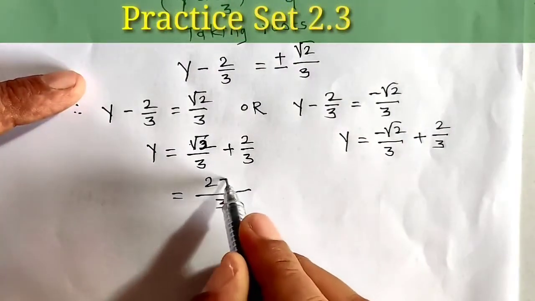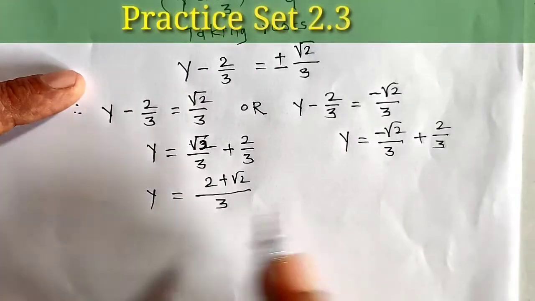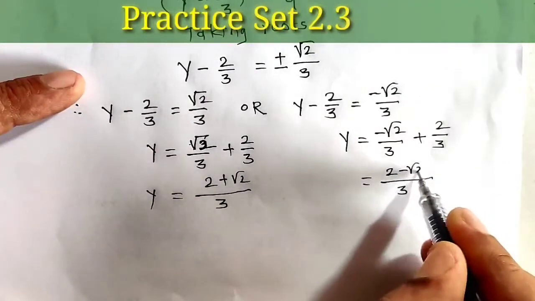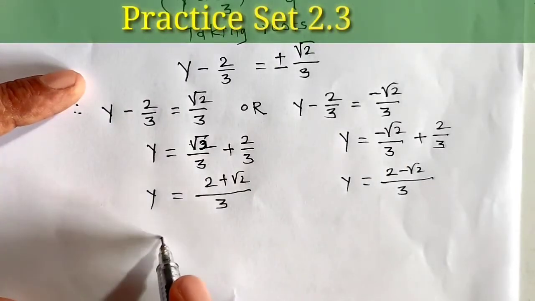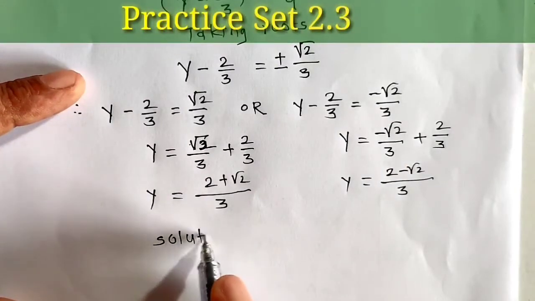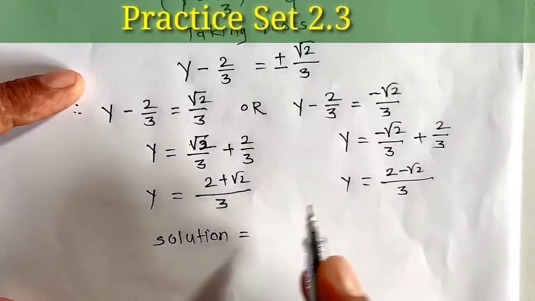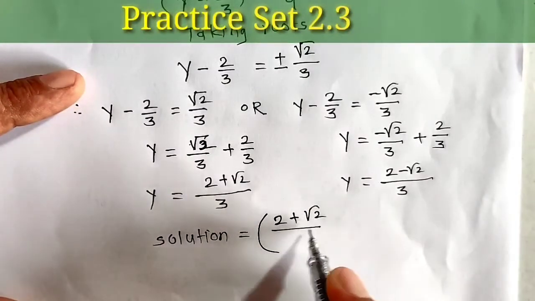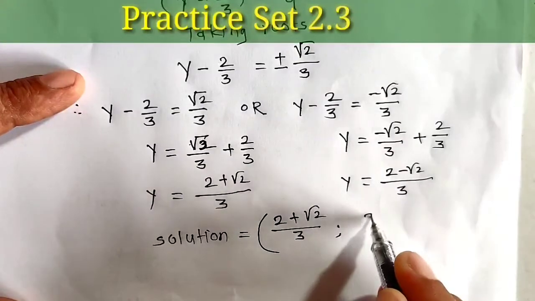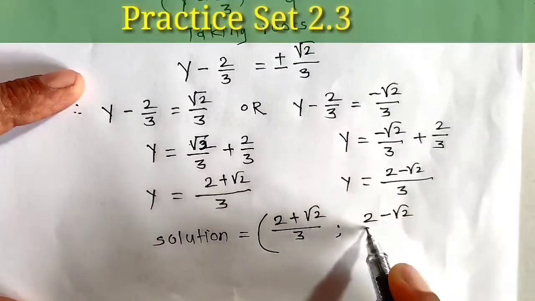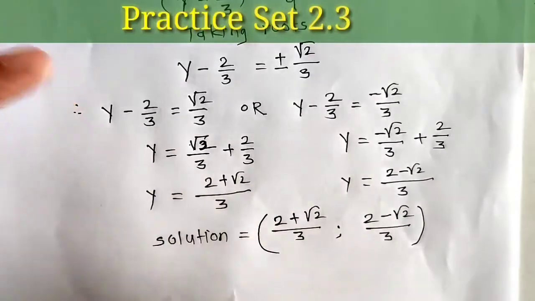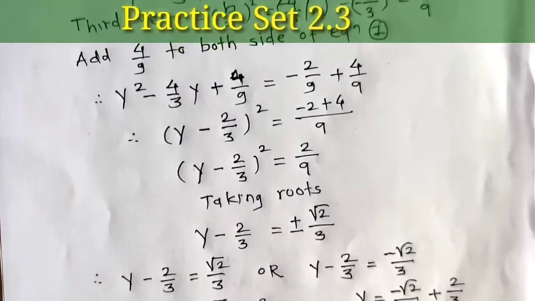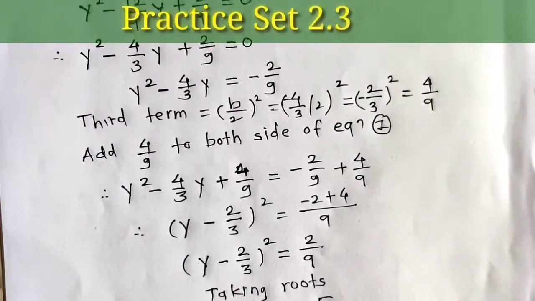Here 2 plus root 2, and here again 3 is the common denominator, 2 minus root 2. So we get the solution. First value is 2 plus root 2 upon 3, and second value is 2 minus root 2 upon 3.